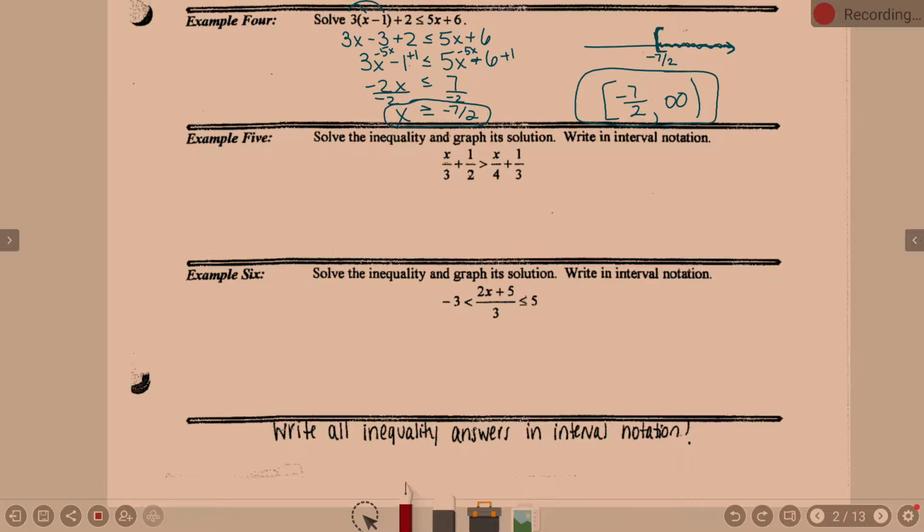Okay, x over 3 plus 1/2 greater than x over 4 plus 1/3. Fun. What do we do? You could get a common denominator and work with these fractions if you wanted to.